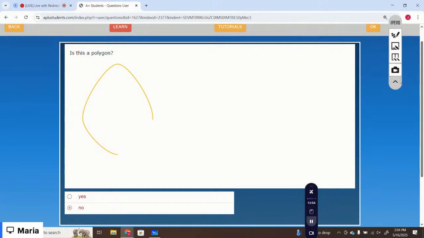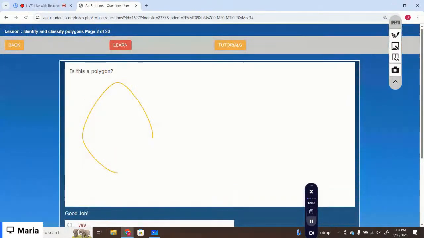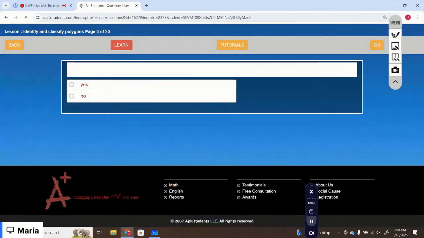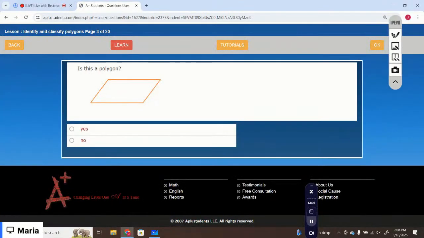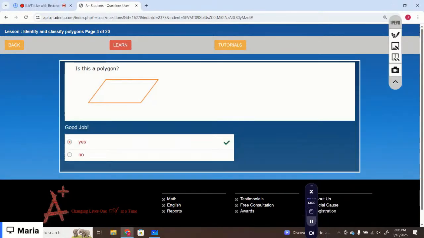No, that is not a polygon. The correct option is no. Is this a polygon? Yes, it is a polygon. That's a closed shape, so it is a polygon.